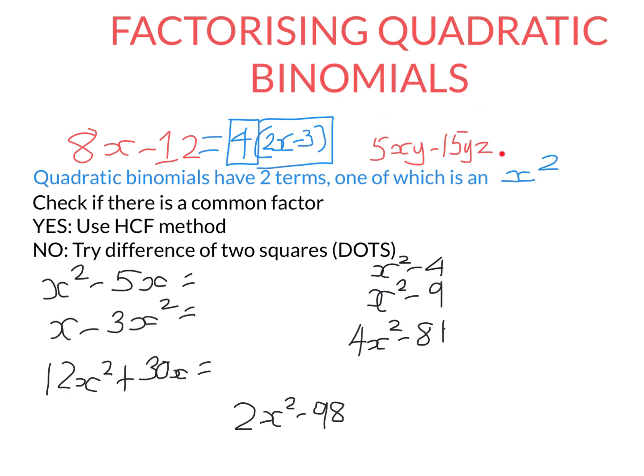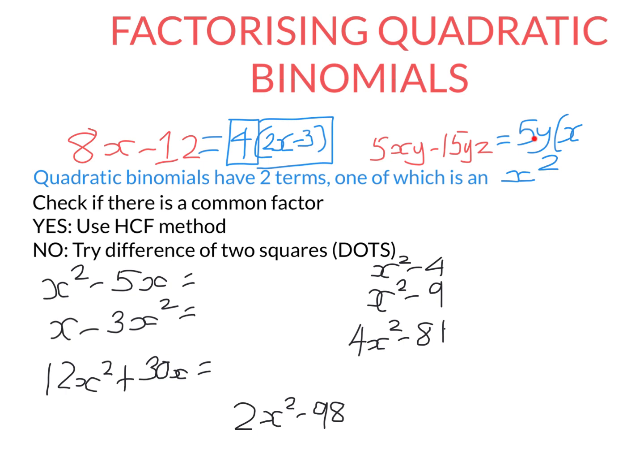So if we were to factorise something like this, it's the same sort of process, but this time the highest common factor is 5y. So 5's the highest number that goes into 5 and 15, but both of these terms, this one and this one, also have a y in common. So we put that out the front. So what do I times by 5y to get 5xy? I need to times by x.